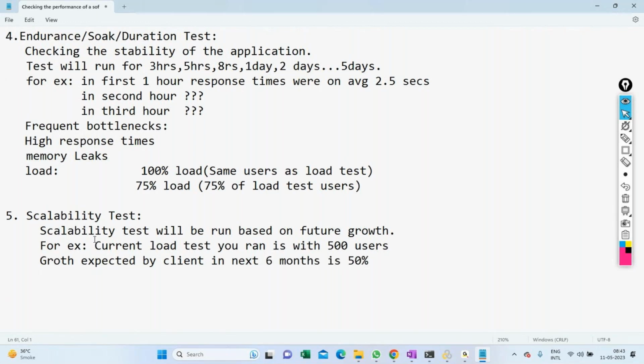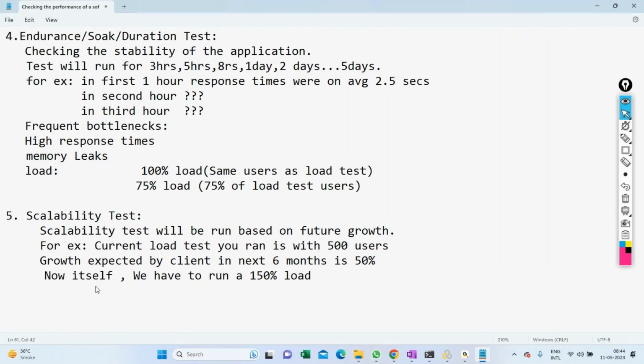Okay, ignore spelling mistakes here and there. Because the growth expected by the client in the next 6 months is 50%, now itself we have to run a 150% load test. You got it? What do you mean by 150?